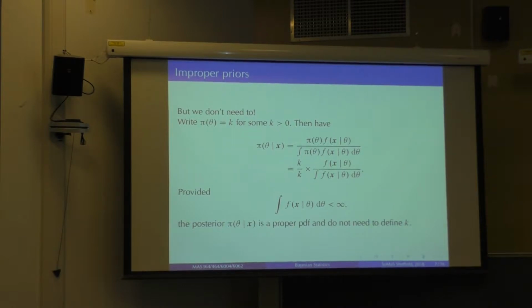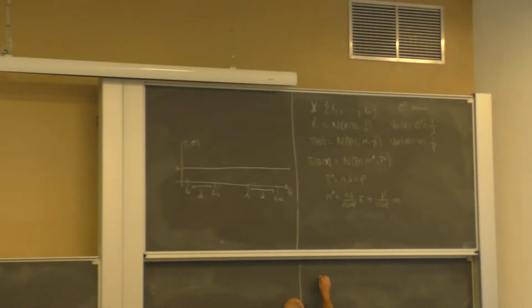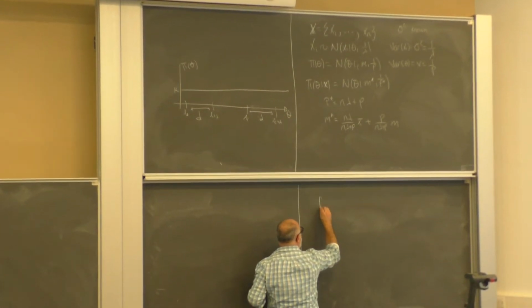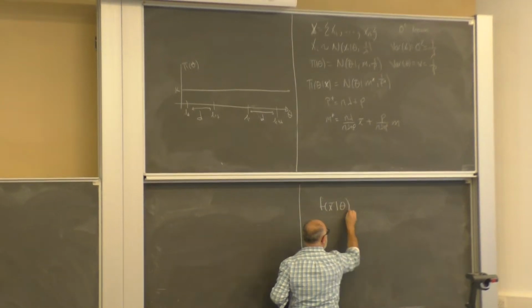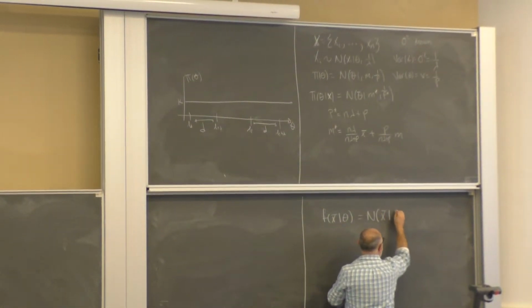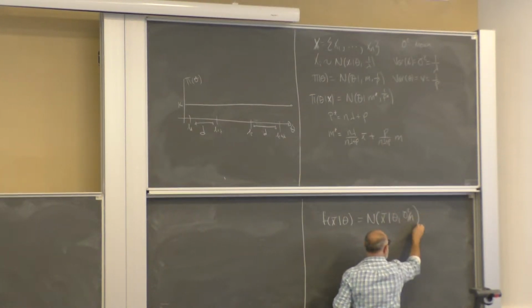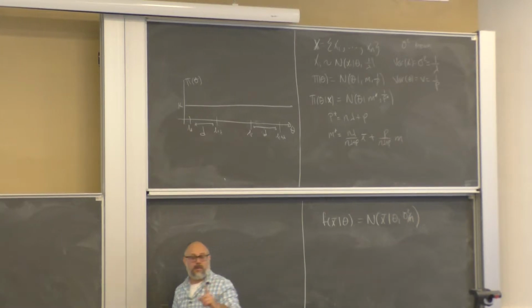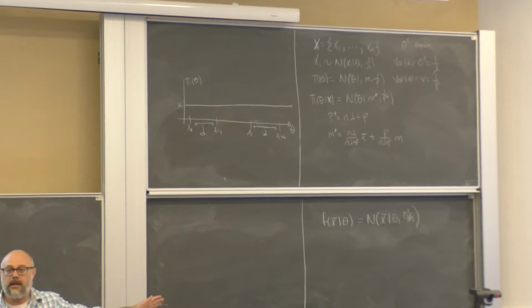So if we think about this problem, we found, and we used, that the sampling distribution of the MLE, of the maximum likelihood estimator X bar, is Gaussian.